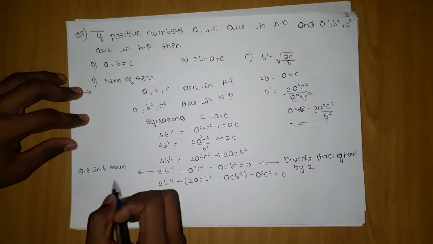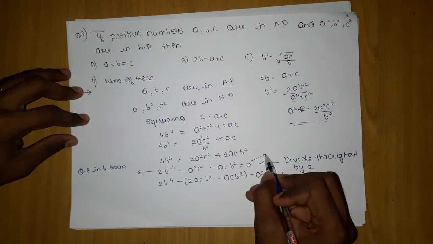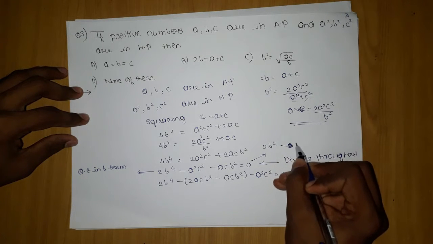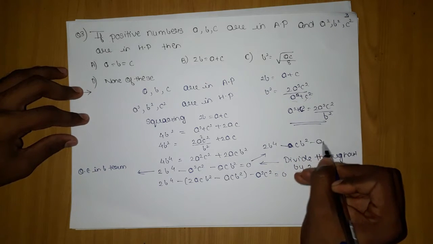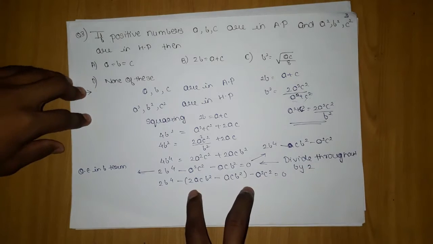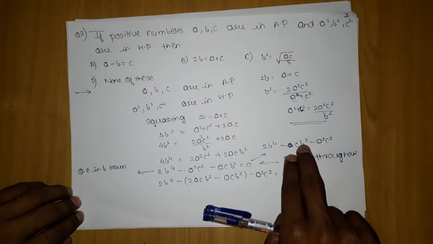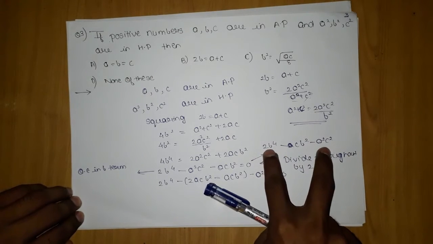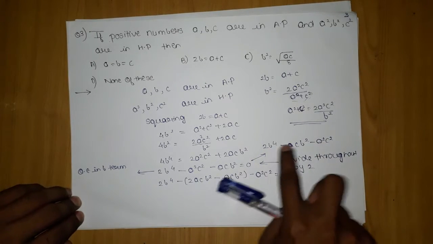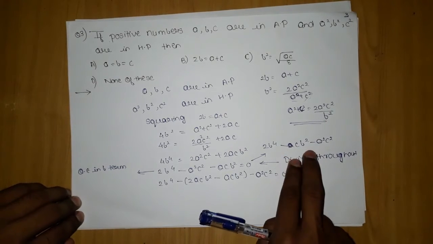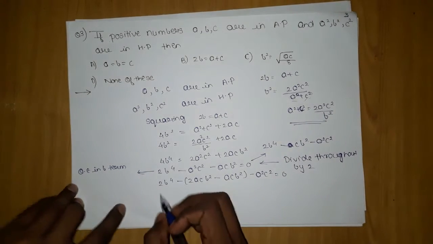So you can take it as 2b power 4. I forgot to arrange it like this: b square minus a square c square. Otherwise you will be confused. Why did you break this term? Because my quadratic is in the b square term, so this is my quadratic equation. I want to create this term, the multiplication of this term, by subtracting the two numbers. So let's see what we get.